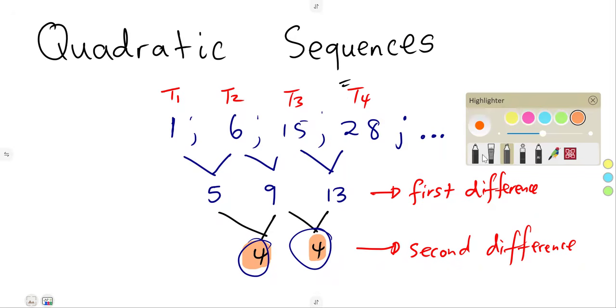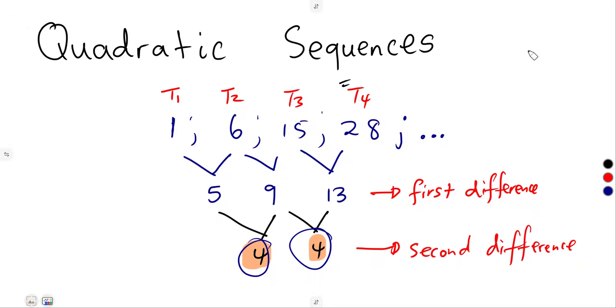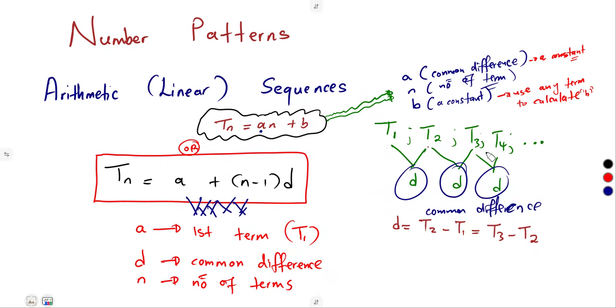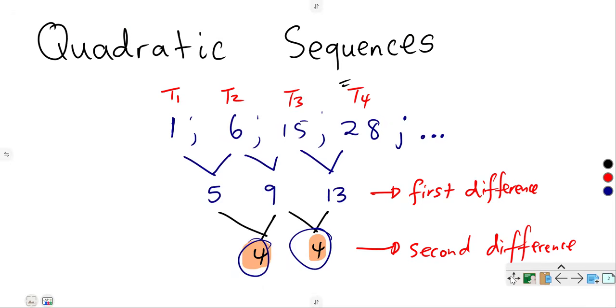For a linear sequence, it was direct from those terms: you already have the common or constant difference. But here, on a quadratic, that happens on the second difference. That is where we have got a common or constant difference.